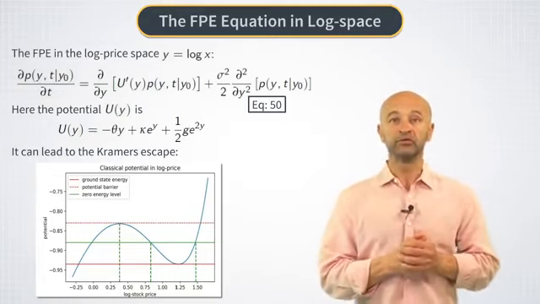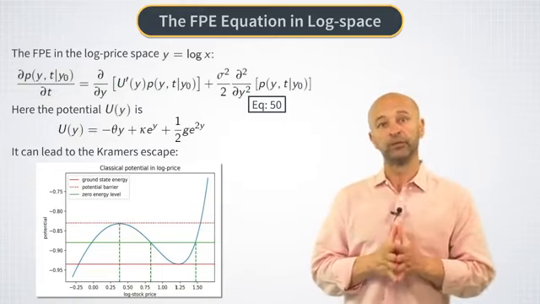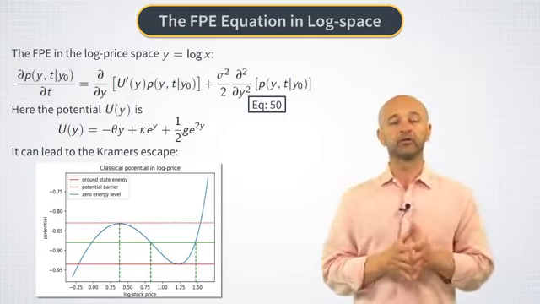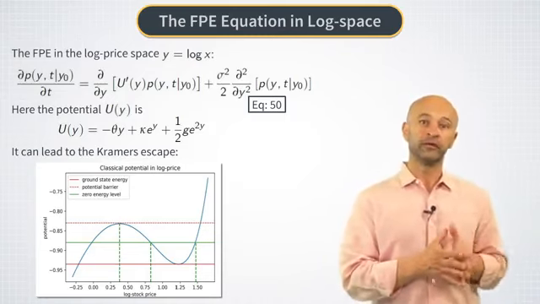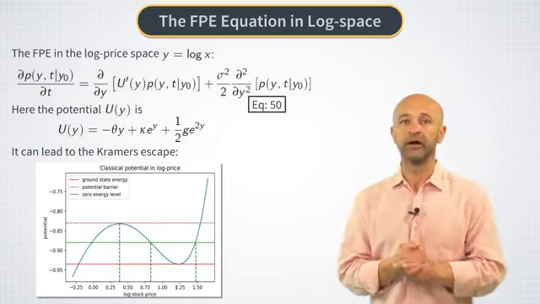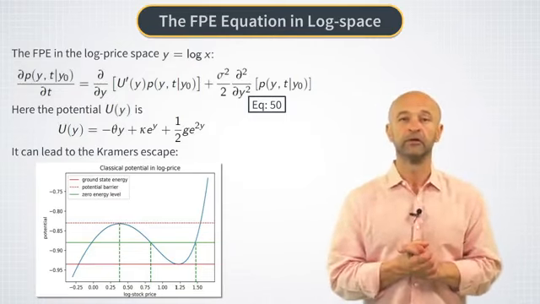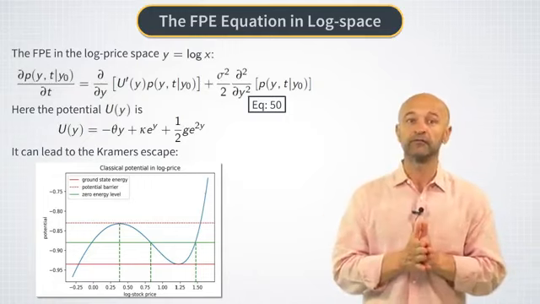This problem is easy to solve, at least formally. So for a steady state, the left-hand side of the Fokker-Planck equation should vanish, but the right-hand side of this equation is a total derivative of a quantity called the probability current.